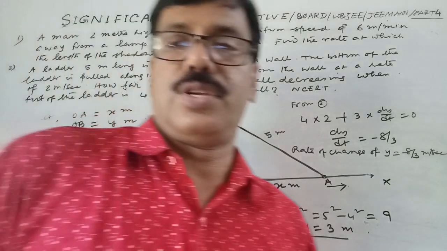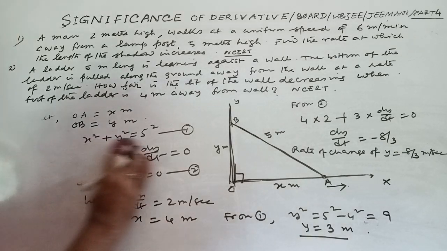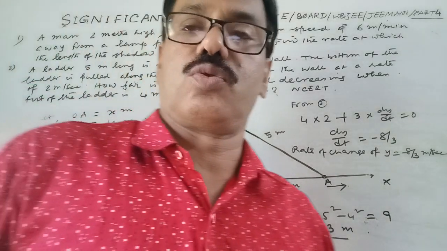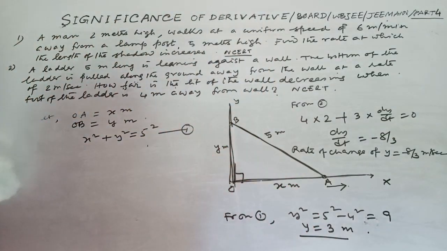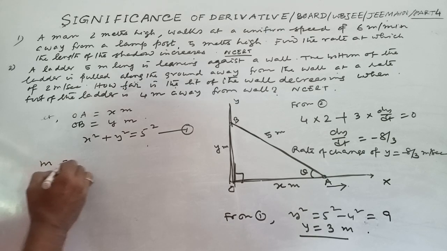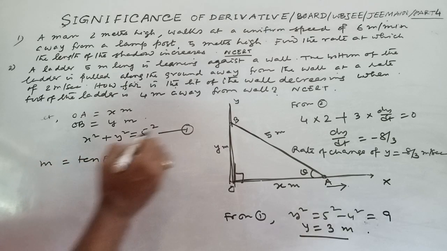Now sometimes in this problem it is also asked to find the rate of change of slope of the ladder. If the angle is theta, then m equals tan theta equals y by x.